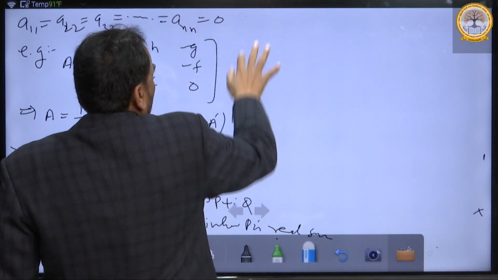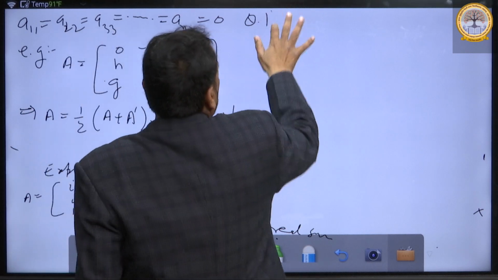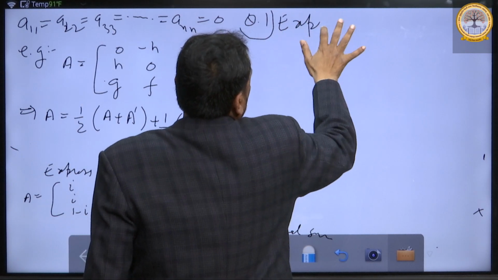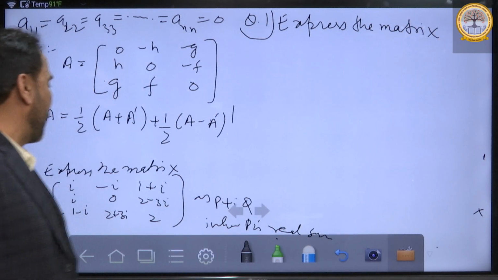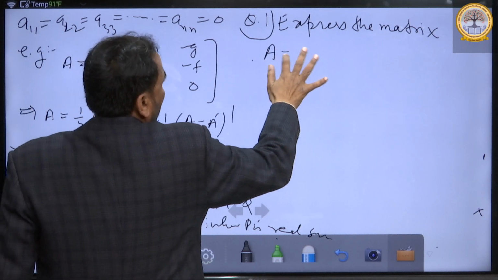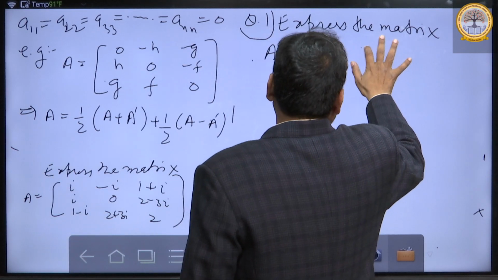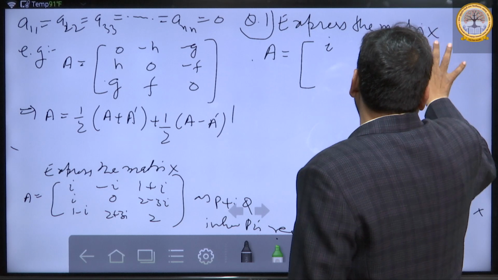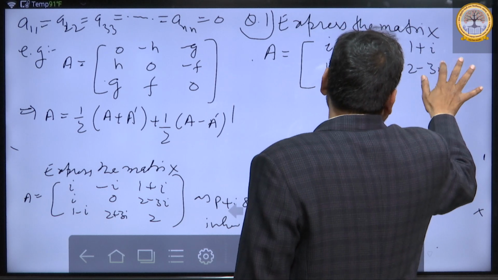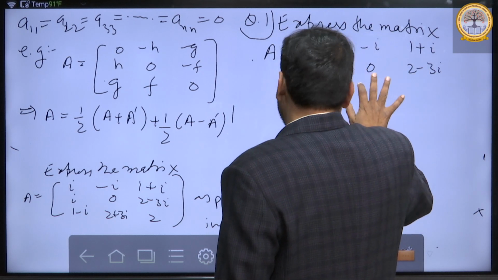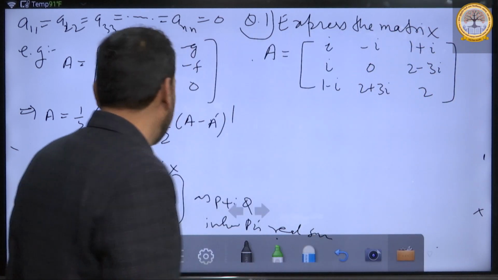So then the question is that express the matrix A is equal to [i, minus i, 1 plus i; i, 0, 2 minus 3i; 1 minus i, 2 plus 3i, 2]. This is the matrix.